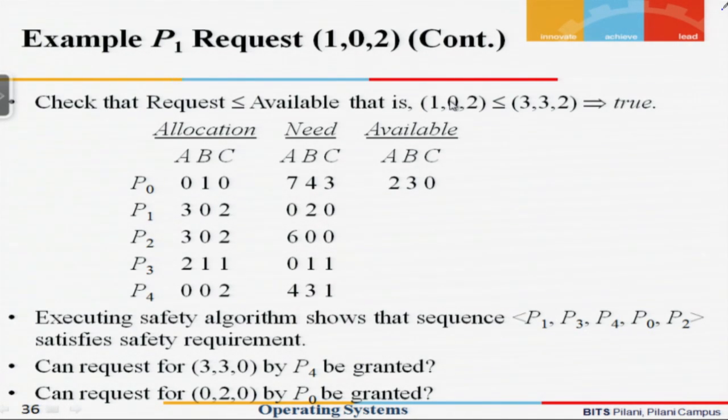We find that we have 1 0 2, which is less than availability 3 3 2, so that is true.